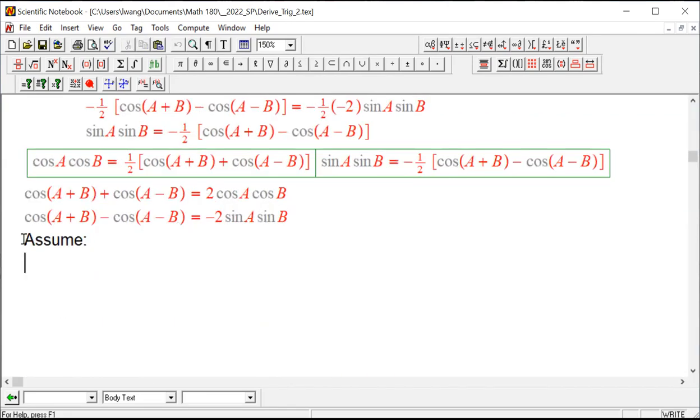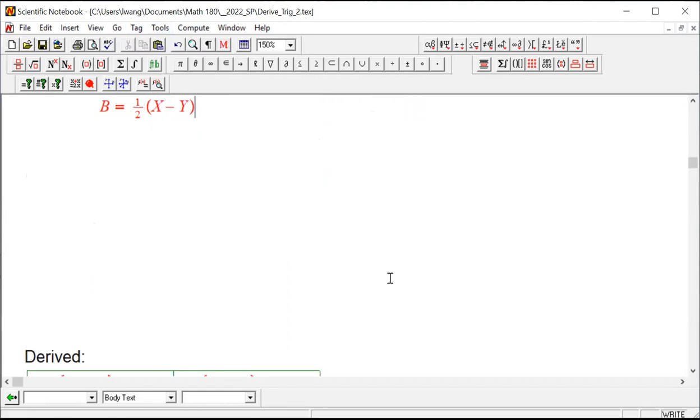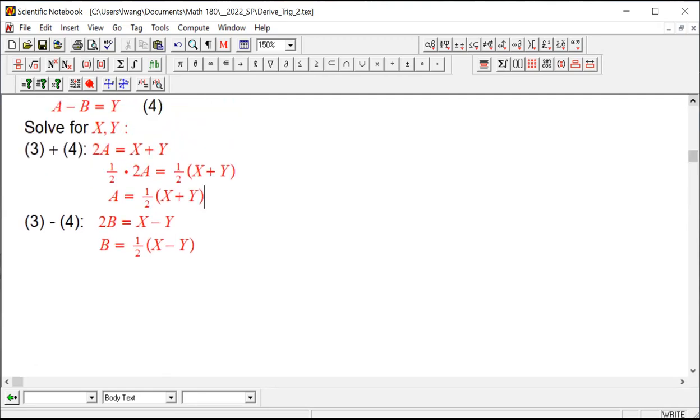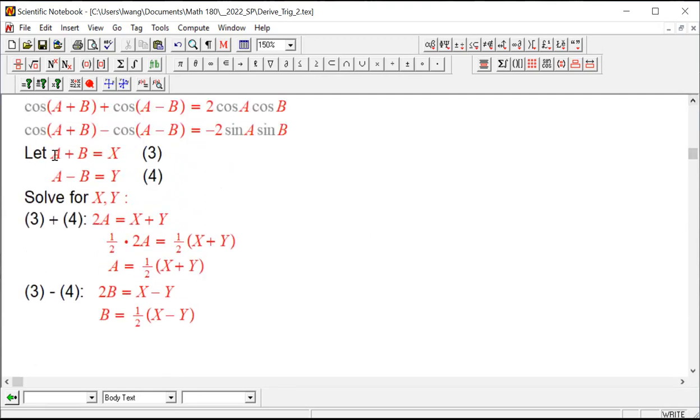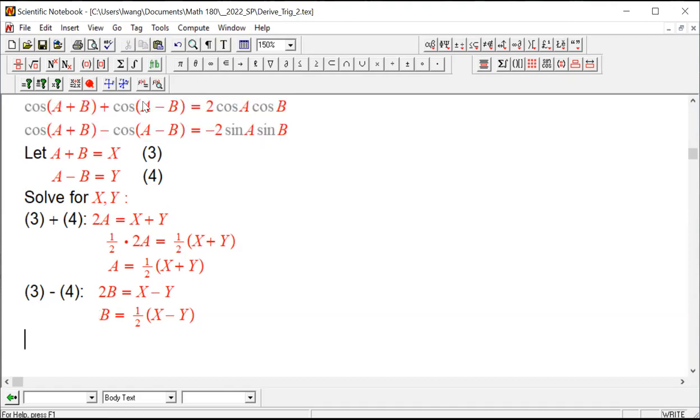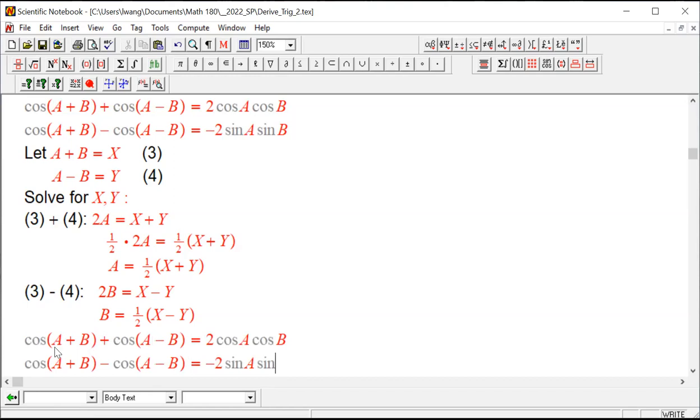So we take that repeat right here. Same thing. So this is A, this is X, this is Y, and we solved for A and B. Once we found A and B, we're going to substitute these back to our original expression.